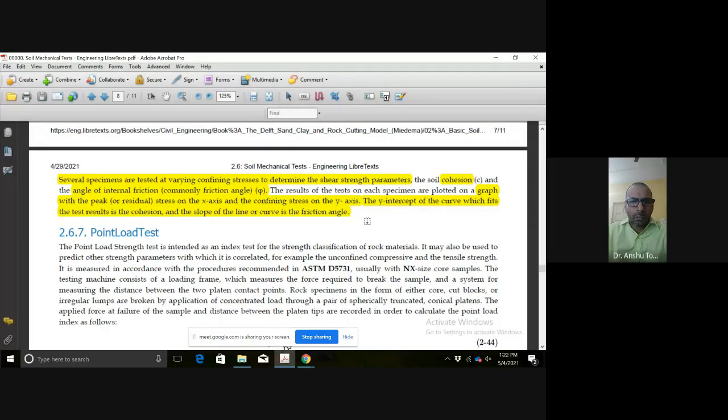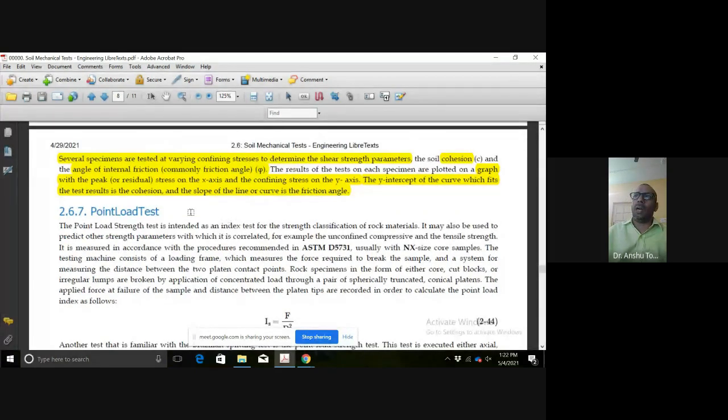Yes, sir. In that we draw a circle with a radius, and we draw a straight line at a certain angle, wherever that straight line intercepts that circle. So that can also be done using this particular box shear test along with other tests.